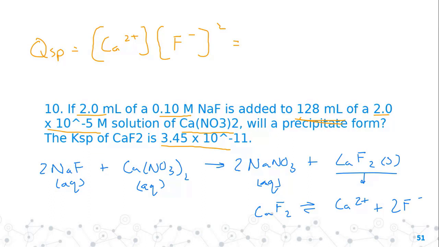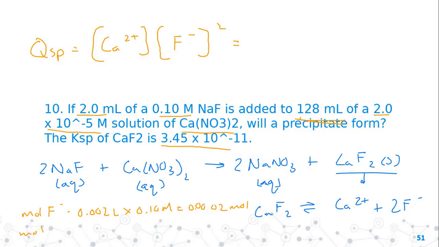How many moles of F minus do we have? It's going to be our volume, 0.002 liters times our molarity, 0.1, equals 0.002 moles.